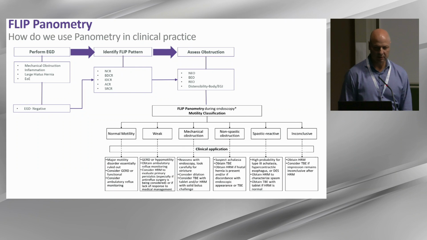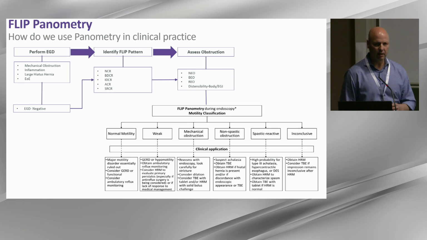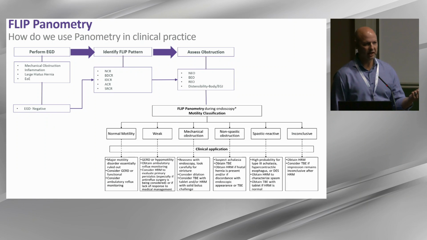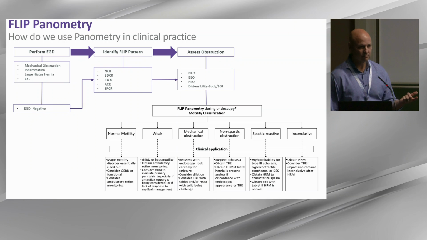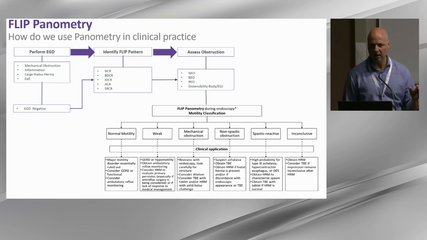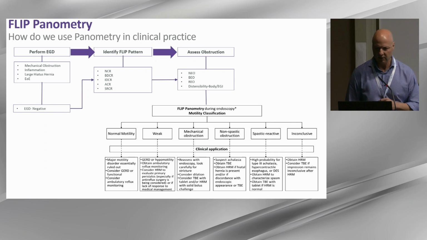And this is how I treat them. So if they have normal motility, those are patients I may either do mucosal integrity on or put a wireless capsule. If it's weak, meaning that they have absent contractile response, but they have a wide open EGJ, they probably have reflux. I'll study them for reflux.